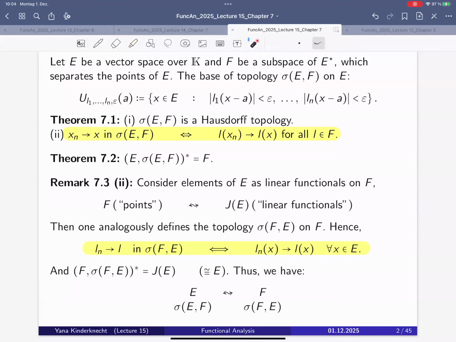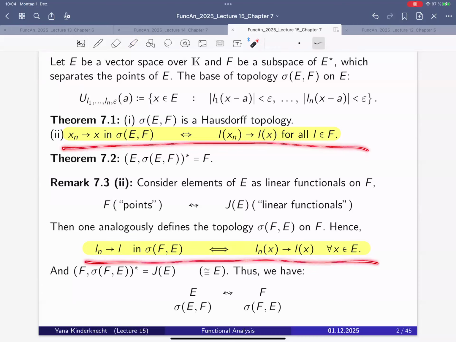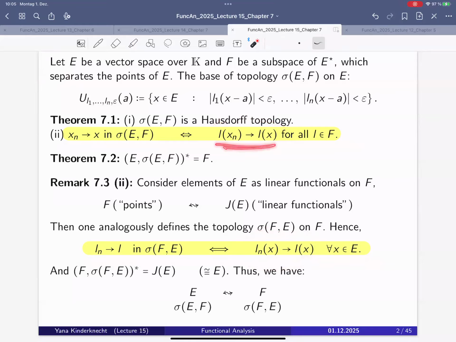If you compare these two lines, you see that the condition looks very similar. But here convergence is in E, and this condition holds for all elements of F. And here vice versa, convergence is in F, and this condition holds for all elements in E. So probably it will help you to memorize the convergence in both topologies.